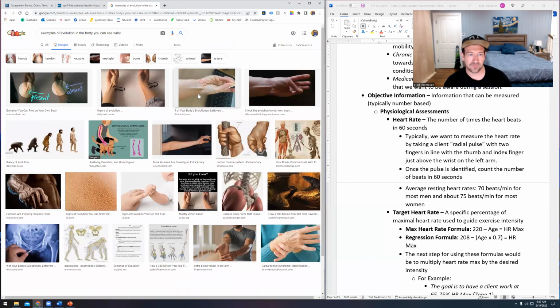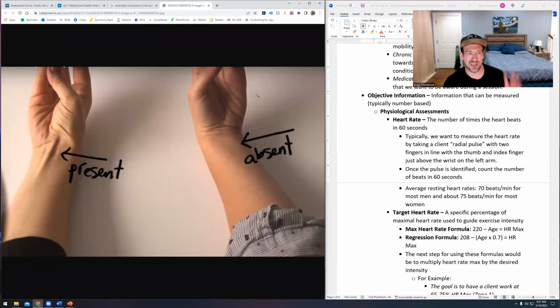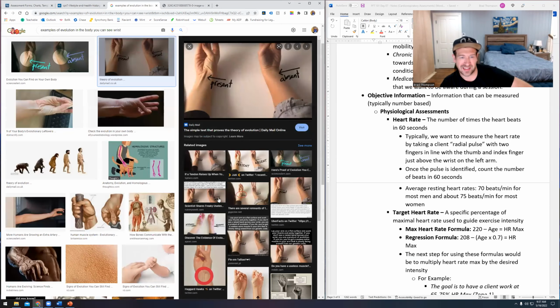For you guys who are at home, check this out. So go like this, pinch your pinky and index finger together, and then flex your finger. You will notice if you can see this really big, thick tendon there versus over here, right? They look very, very different.